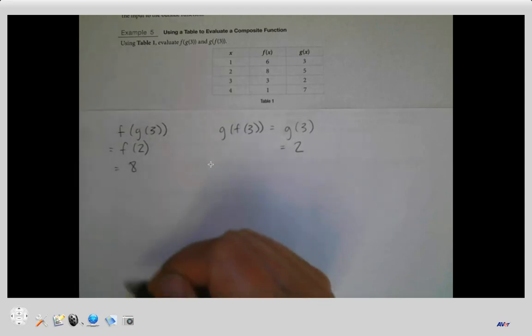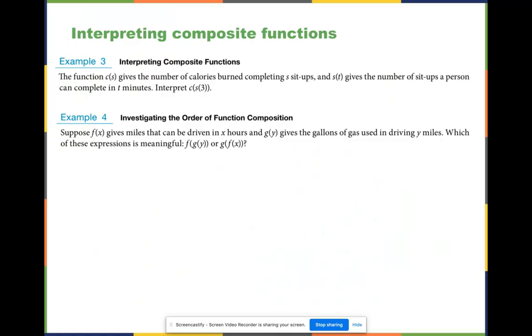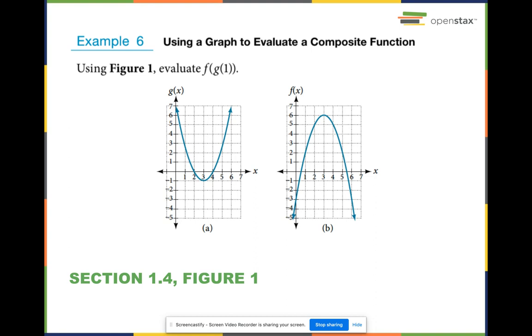All right, let's do the same thing using graphs. Let's use a graph to evaluate a composite function. Using these figures, evaluate f of g of 1. Here's our graph of g of x, and here's our graph of f of x.